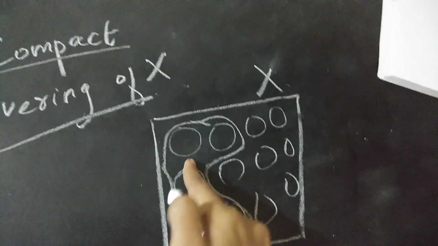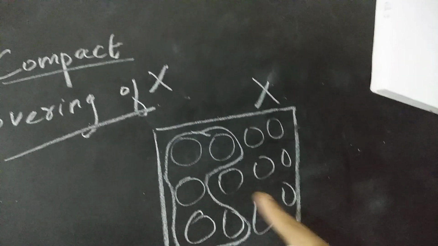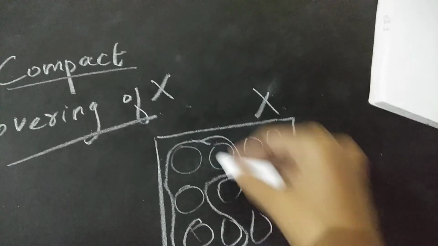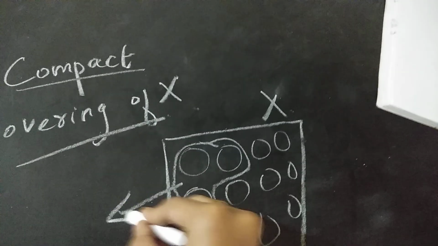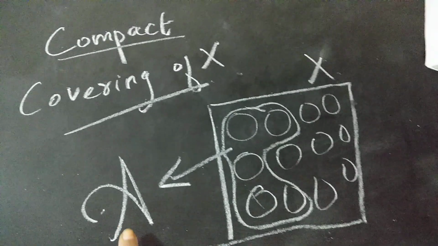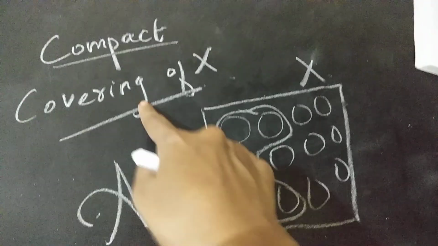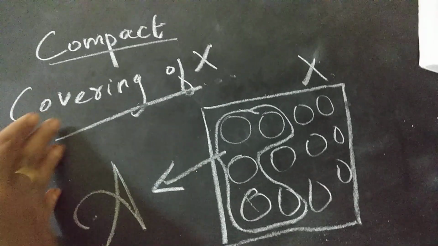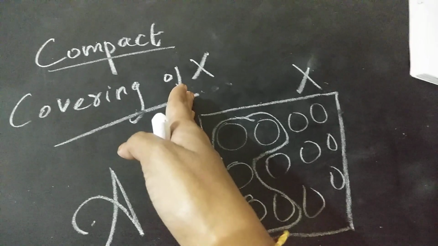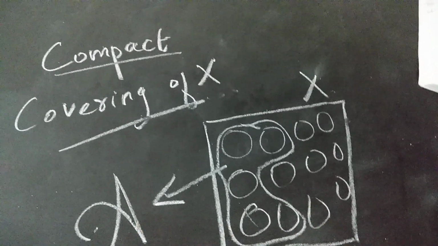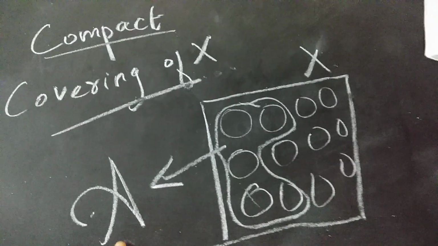This collection of some of the subsets is denoted as script A. You are going to say this script A is a covering of capital X. When can you say this? There is a condition this script A should satisfy.